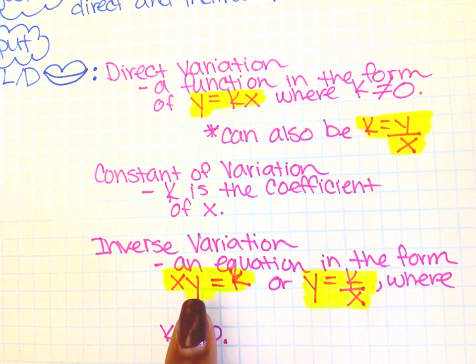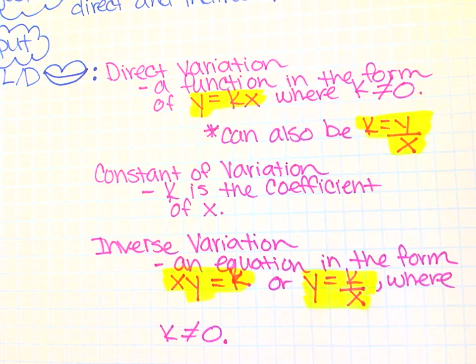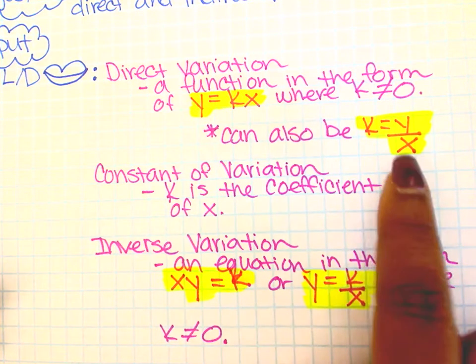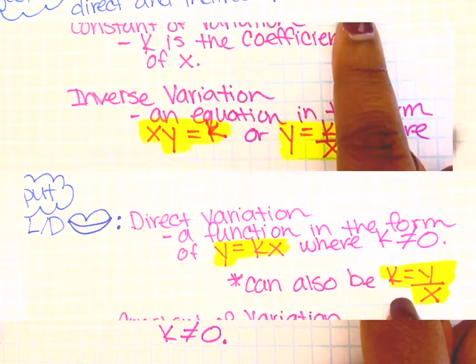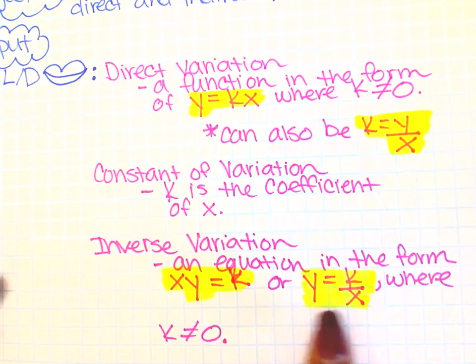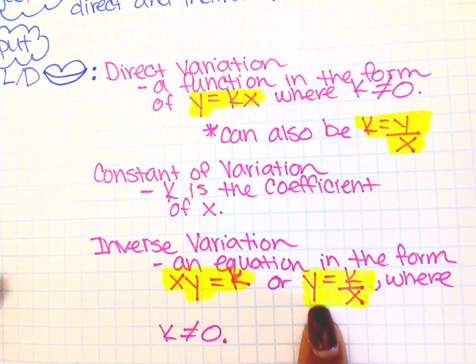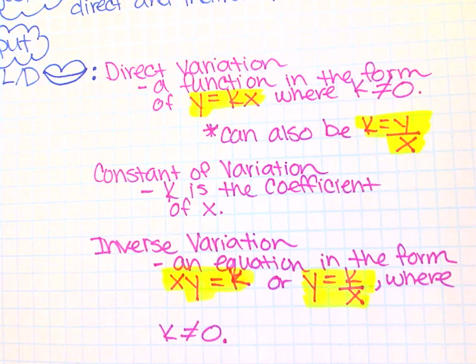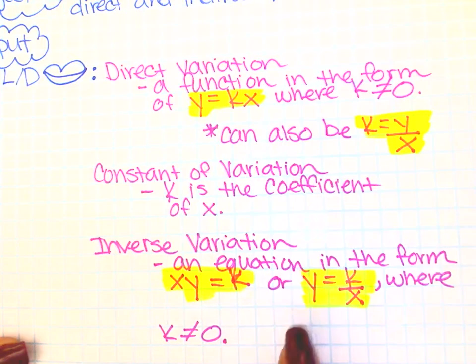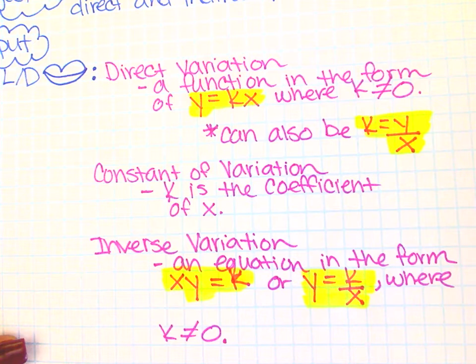So whatever the x coefficient is, multiplied by the y, will give you the constant, which is k. And you can see this one too. It can also be k equals y over x, and on this one you're solving for y equals k over x. So you can see that the k and the y kind of switch spots for direct variation versus inverse variation.